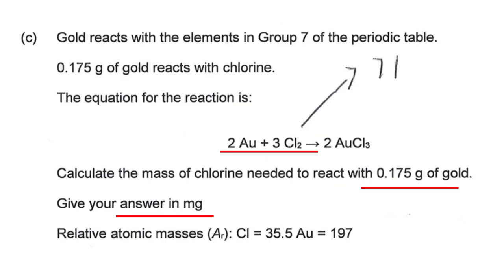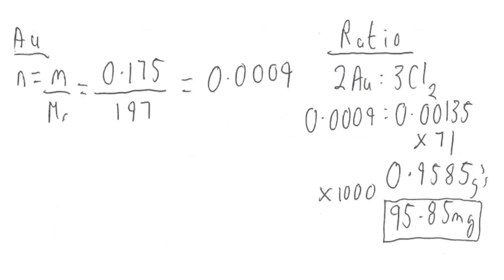Not bad at all. Here's another example with a 2:3 ratio, and they want your answer in milligrams, so you're going to get an extra mark for that. Easy. Multiply by 1,000. That's another 4-mark question. Find the number of moles of gold. Divide by 2, multiply by 3, and then multiply by 71.